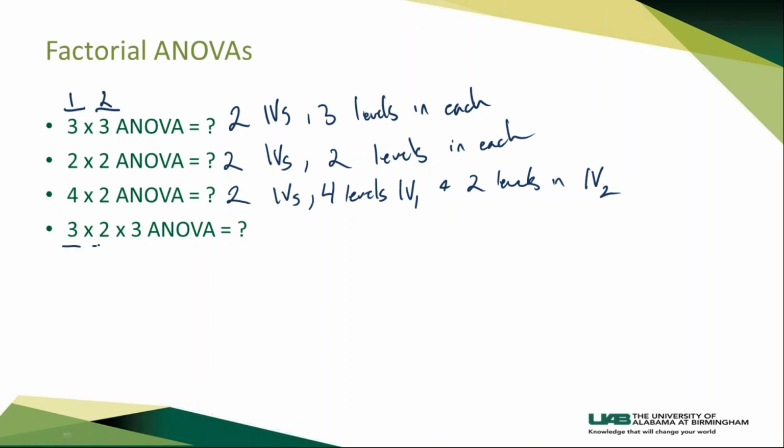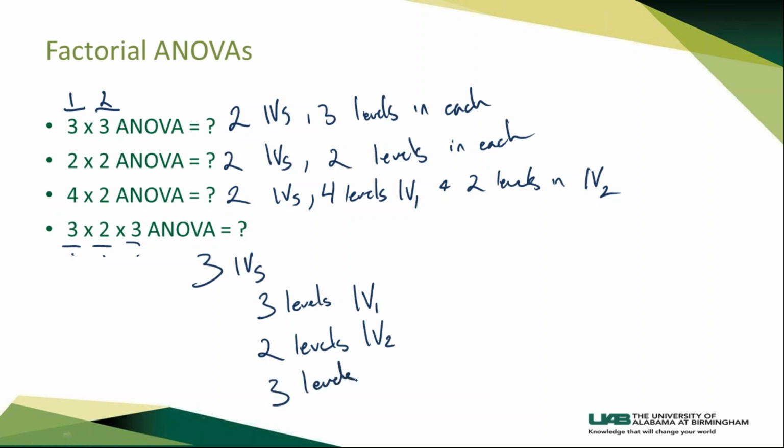Now what if we had a 3 by 2 by 3 ANOVA? That would be 3 independent variables, 1, 2, 3, and 3 levels in one of these independent variables. Two levels in the second, and then 3 levels back in the third. So you can see where they all come from, hopefully.